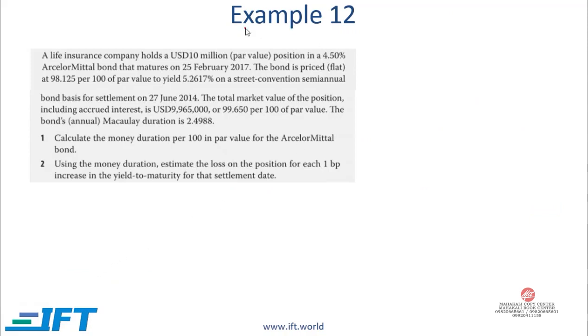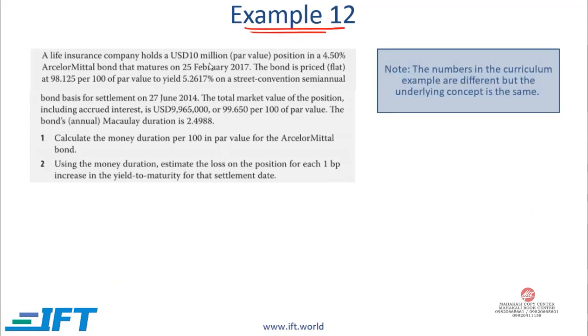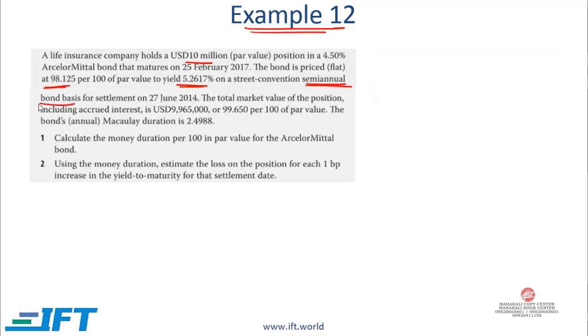Let's do example 12 now. Par value is 10 million and this is the price of the bond, 98.125. So it is a discount bond. We are given the YTM, and note that this is quoted on a semi-annual basis. 98.125 is the flat price.